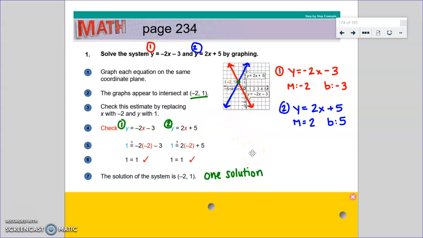They are touching at one point. And in particular, they're intersecting at this coordinate point of negative 2, 1. And we call this a solution. And to determine if it works or not, what we do is we take that x value of negative 2 and my y value of 1, and we plug it into each of these equations and just simplify and hope that it makes a true statement.